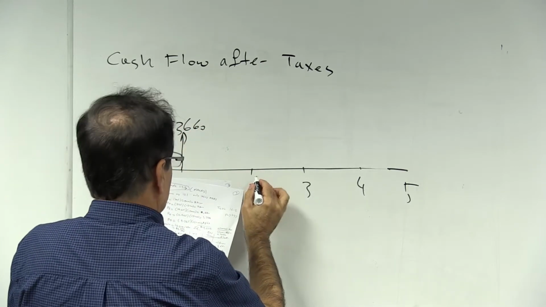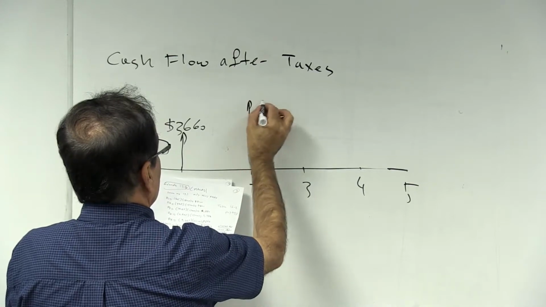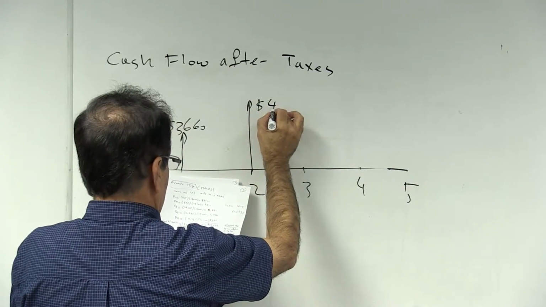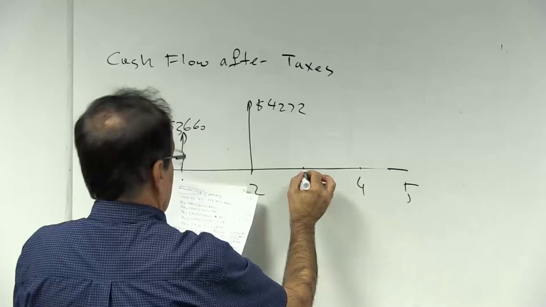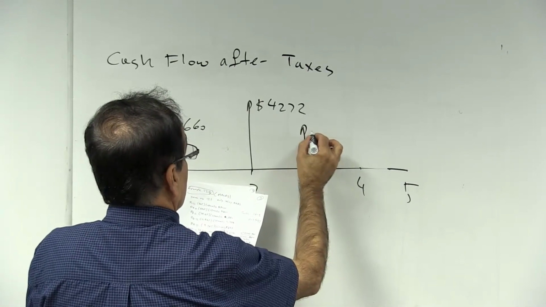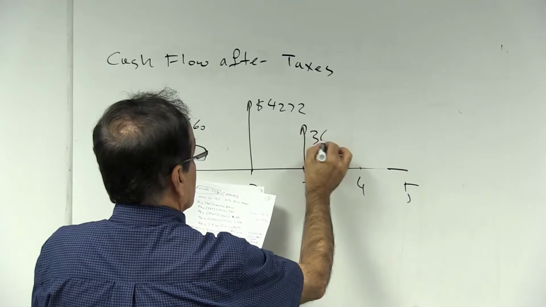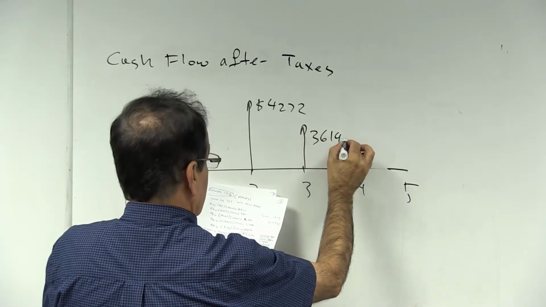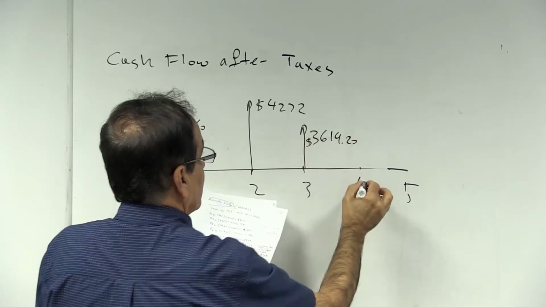Year 2 is going to be 4,272. Year 3 is going to be 3,619.20.